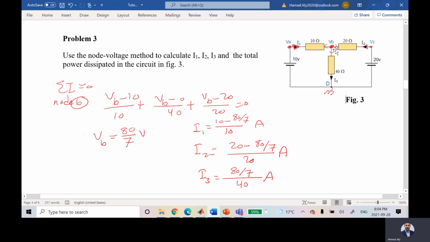If I assume that all currents are entering the node, then instead of saying VB minus 10, I'll say 10 minus VB, and 0 minus VB, and 20 minus VB. But I prefer to assume all currents are leaving because I don't like to see this negative sign here, to make it easier for myself, just in case I forget. But do whatever you want, it's your problem. Any question, guys?